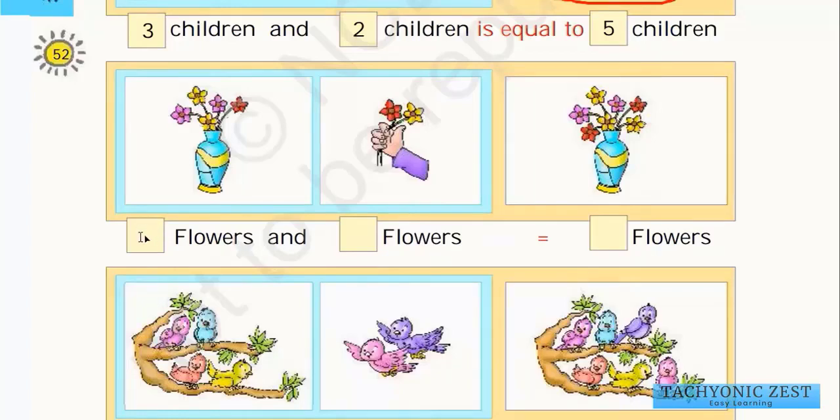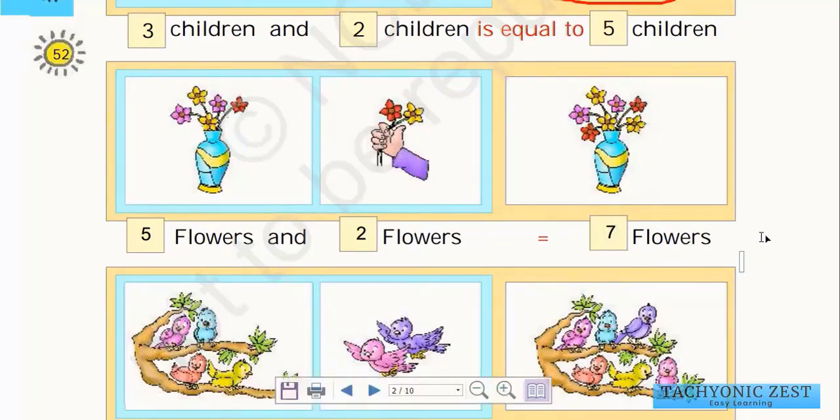So we will write 5 here. And then we add 2 more flowers here, 1, 2. And now what is the total number of flowers? We will count here: 1, 2, 3, 4, 5, 6, 7. So the total number of flowers here is 7.